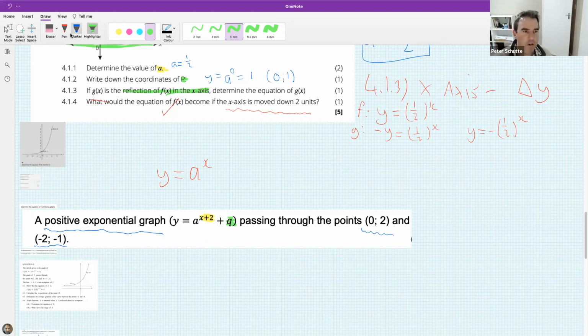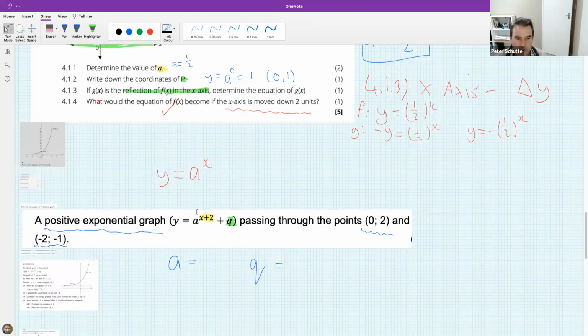Now, in order to solve this problem, you need to find a value for a, and you also need to find a value for q. Which points you choose will help you, but you actually have to use a bit of trial and error. So I'm going to let you try this out and see if you can find me an a and a q value.